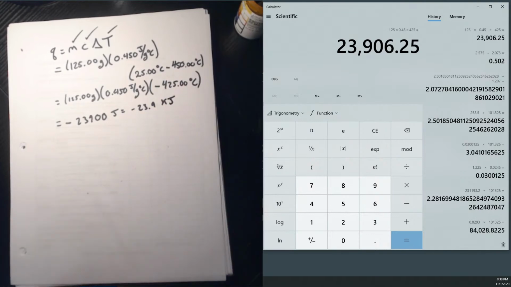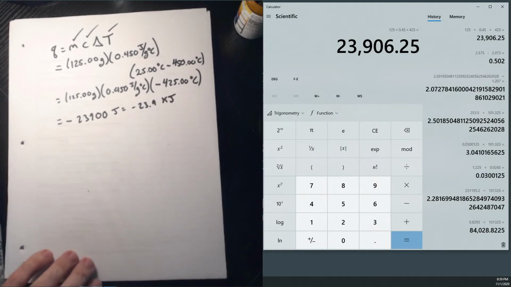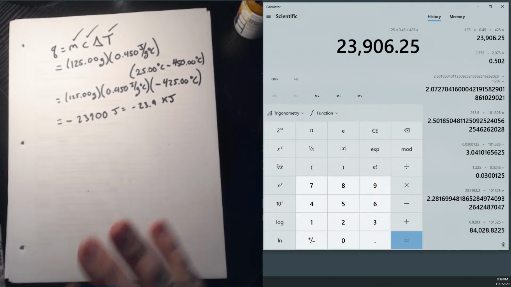Okay. So it's releasing a fair amount of energy. That hot bar of iron, cooling down from 450 degrees Celsius down to about room temperature, is releasing enough heat that if we could perfectly harness it, it would be enough to lift 23,900 apples from the floor to the counter.